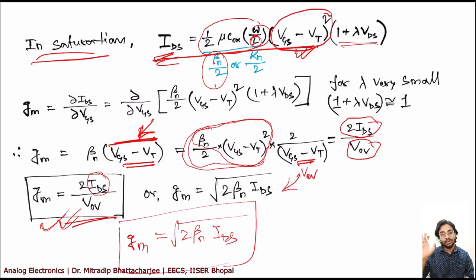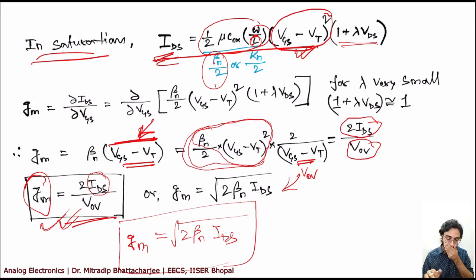You want a very high output resistance, but if you increase L, your IDS is getting lower, your GM is getting lower, and you are losing your gain. So what is the purpose of making the output resistance very high if your gain is very low? This is where you have to think and optimize what value to put.